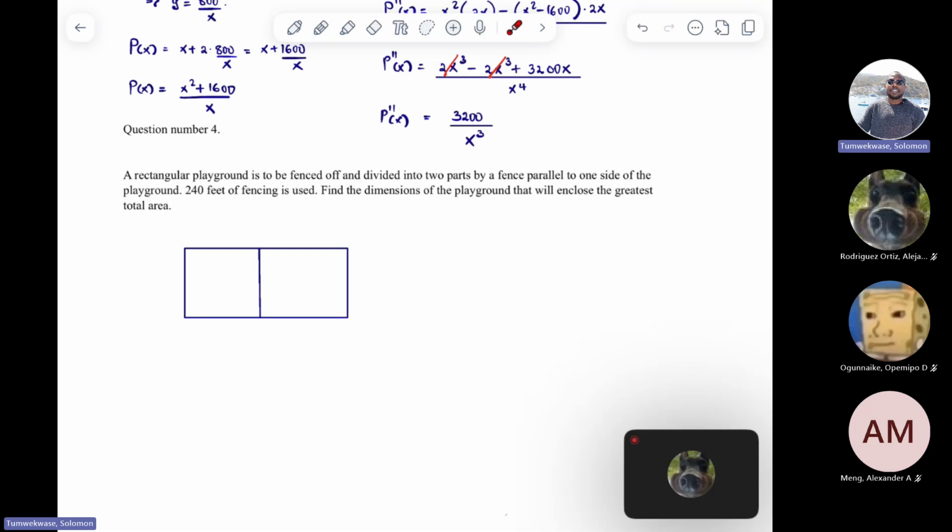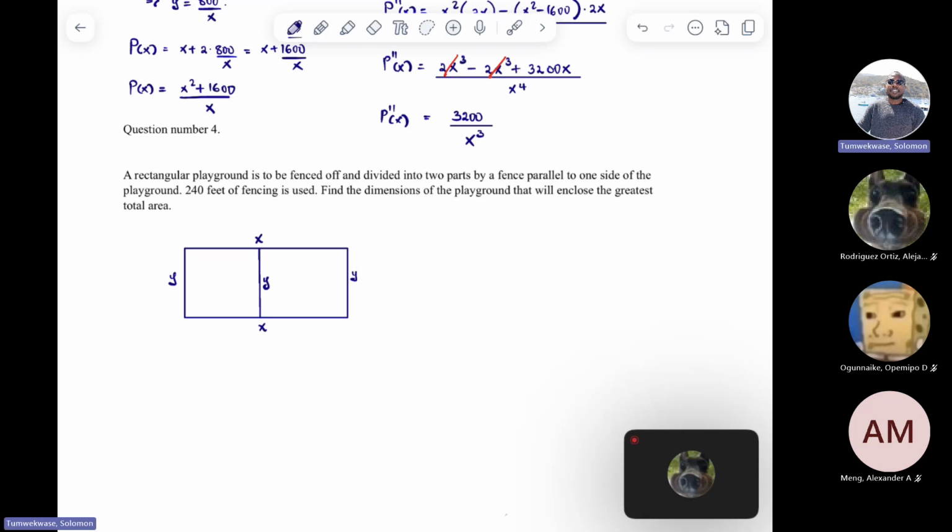It means that in this rectangle, if the length is x, of course, this other length will also be x. If the width is y, then this will be y. But since the fence is parallel to the side y, then the fence will also have a length y, right?